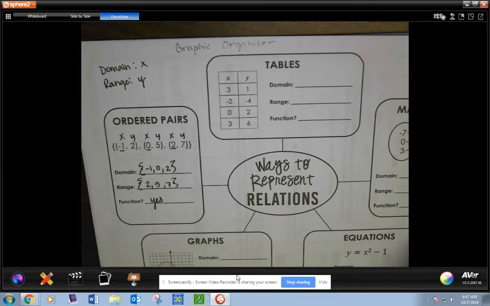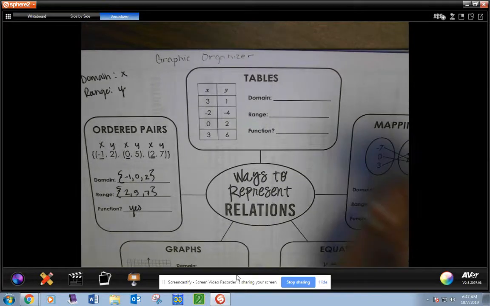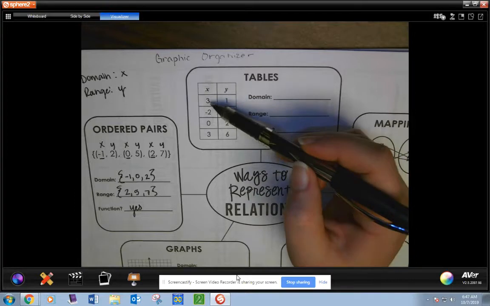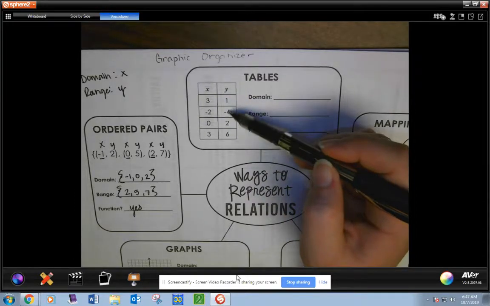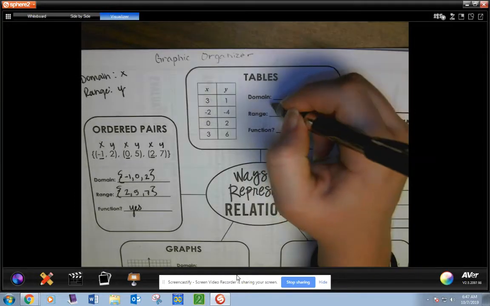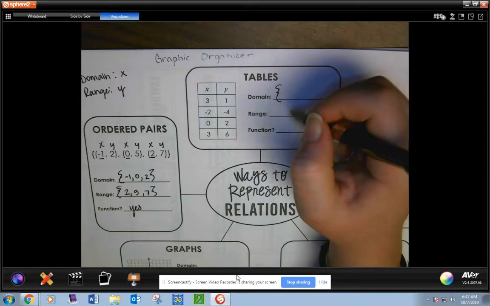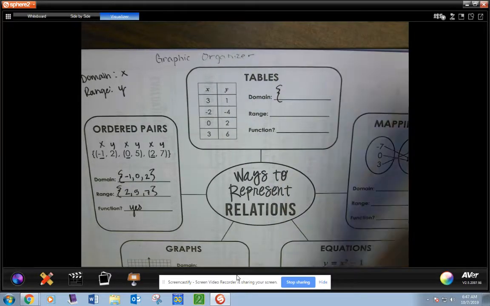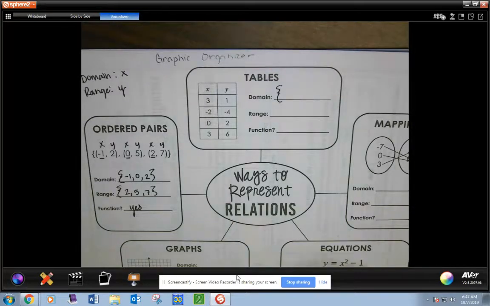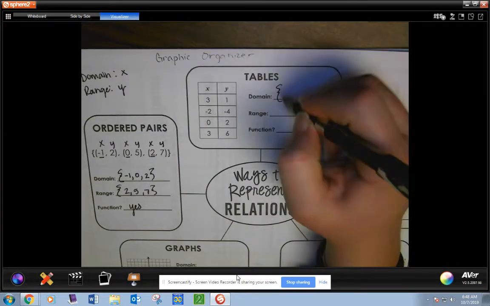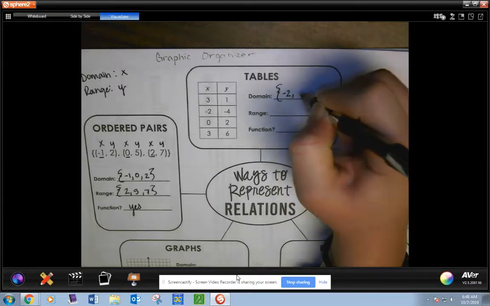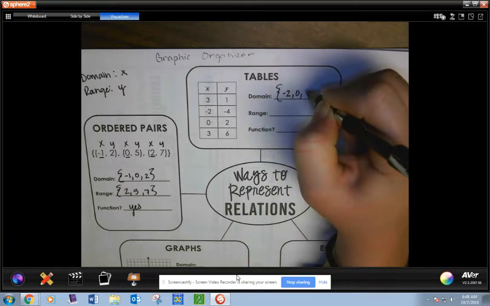Okay, now moving to a table. You have 3, -2, 0, 3, 1, -4, 2, and 6. The domain is all the X values. So I'm going to open up my bracket, and you can list them numerically. The smallest one is -2, and then the next smallest is 0, and the next one is 3.